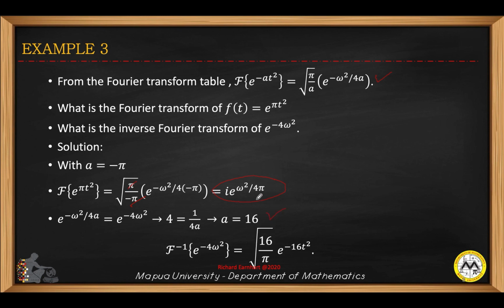When you get the inverse transform of this, that will be square root of a over pi, the reciprocal for the correction factor. Here a is 1 over 16, and the function has to be e to the negative a t squared. So you have e to the negative t squared over 16. This is your inverse transform.